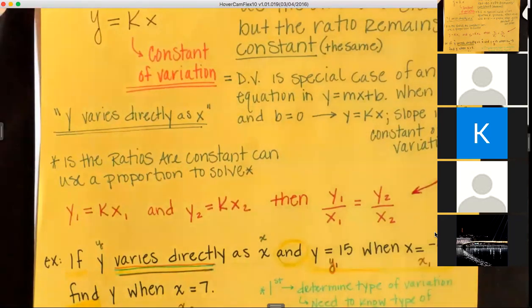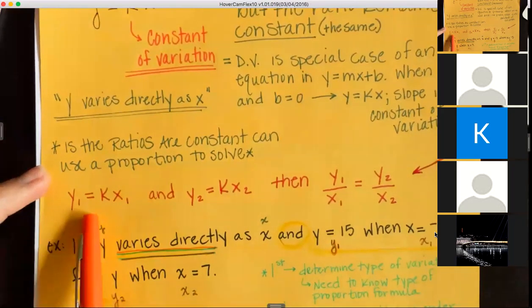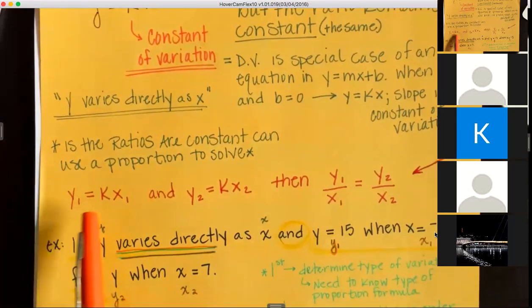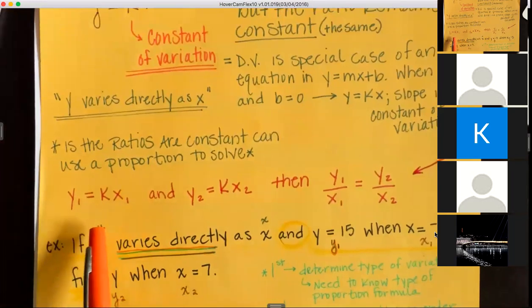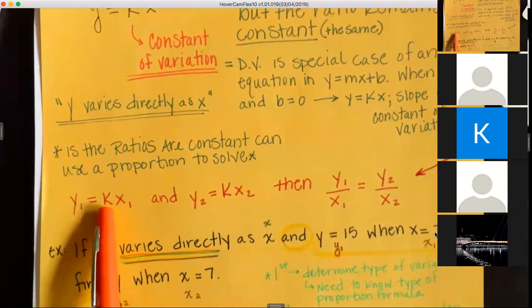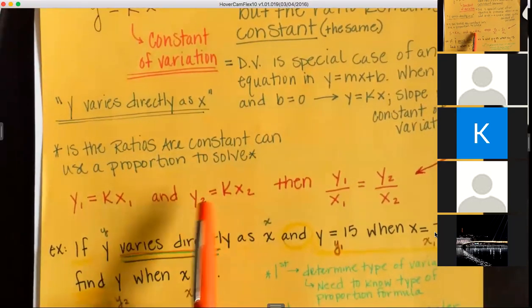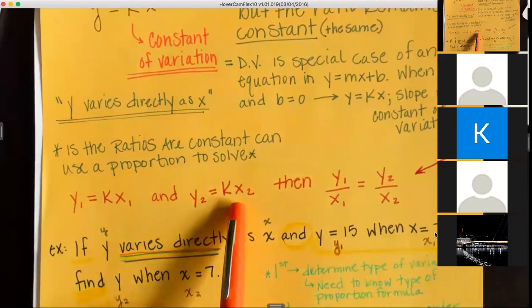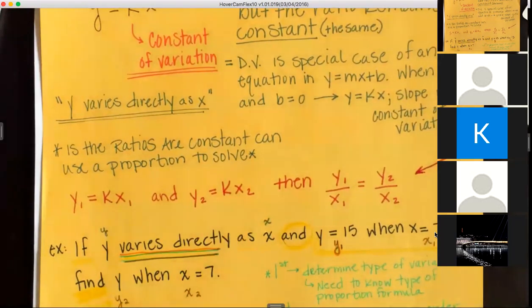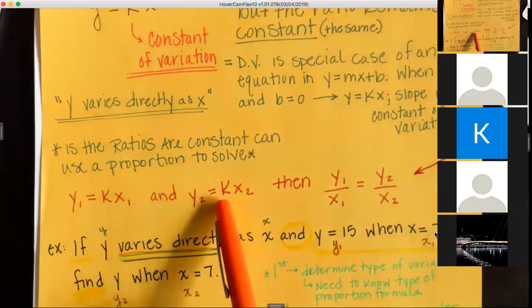They would have steps: you would solve one of them initially using one of these y equals linear formulas, figure out what the constant of variation is, and then do another problem using a y equals kx formula, similar to how we did it in the beginning of the year, and now use your constant of variation here.